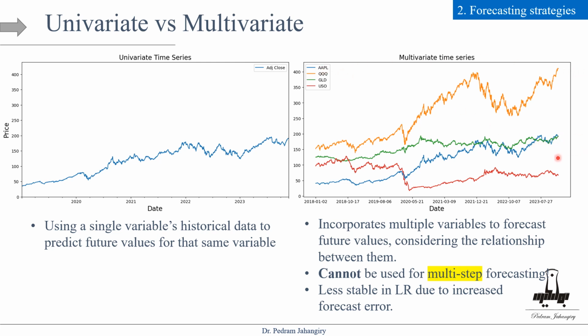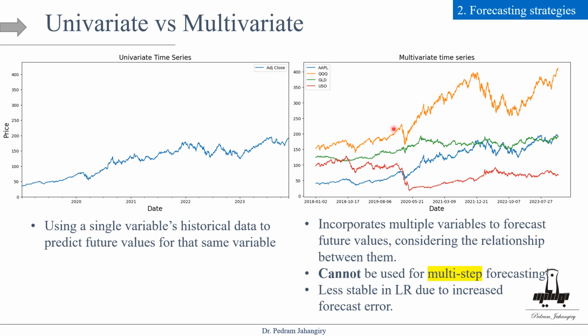I have 3 more time series here: QQQ, GLD, and USO. Say your forecasting horizon is 10 days. I have to make predictions for them for the next 10 days and then use those predictions to make a prediction for the Apple stock price.